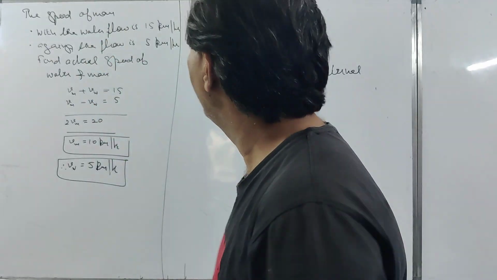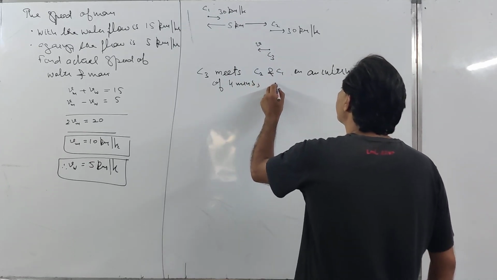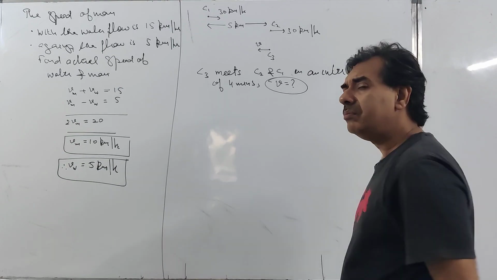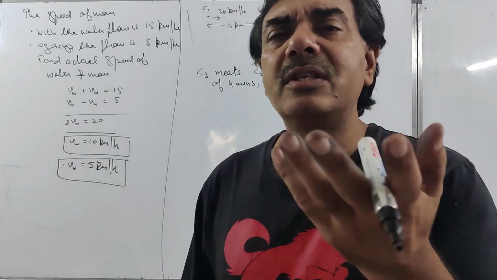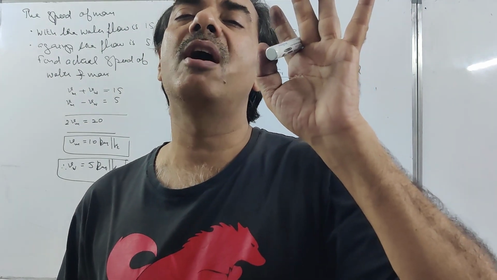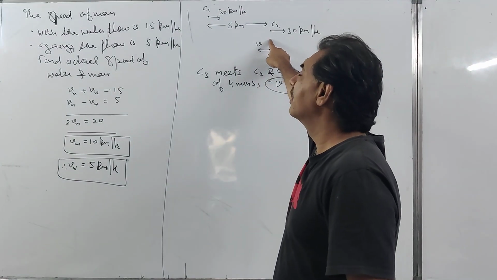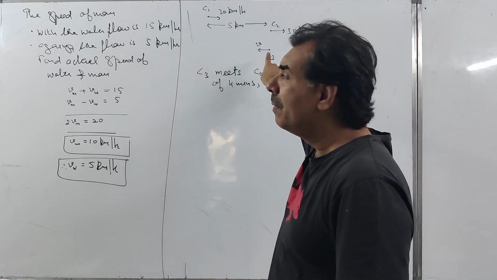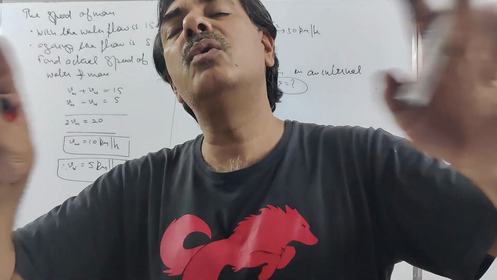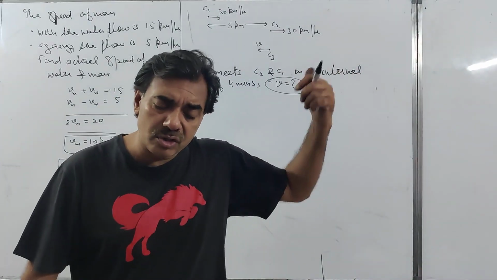The question is, what is the speed of the car C3? We have to find V. Actually C2 is meaningless, it could even be a pole, it makes no difference. C3 passes the point at t is equal to 0 and then passes C1 after 4 minutes. C2 has nothing to do with it. It is just to create confusion. It is an NCERT problem.